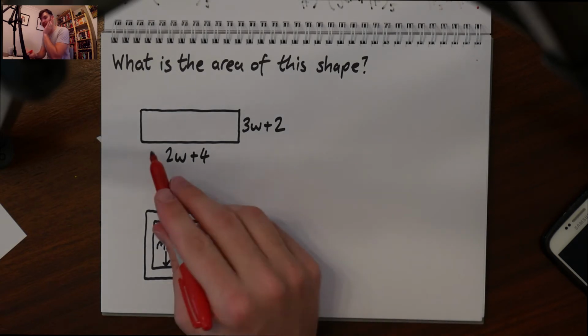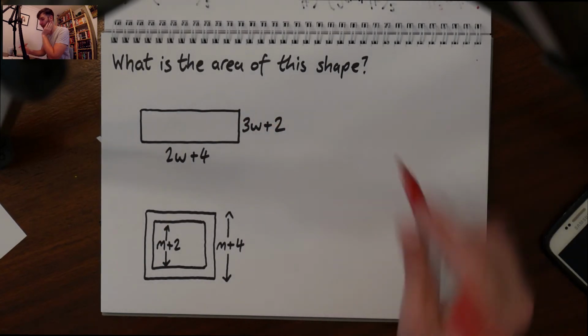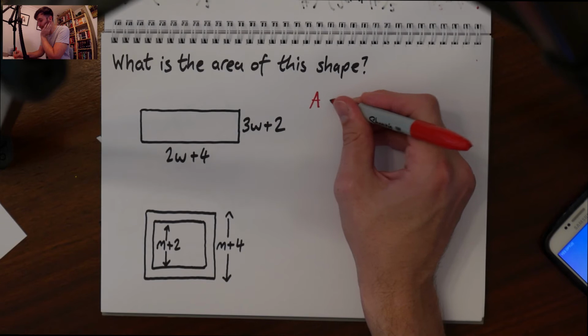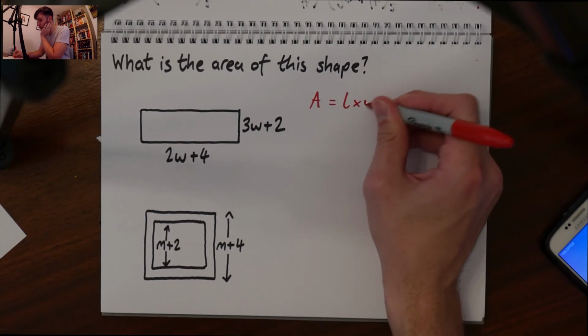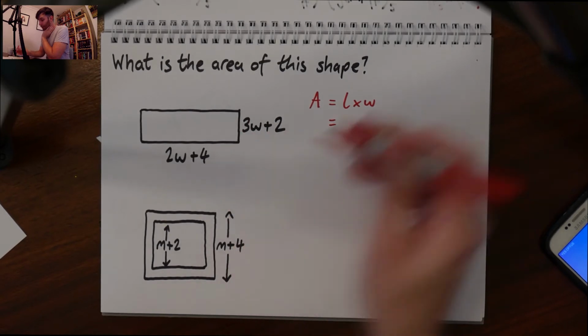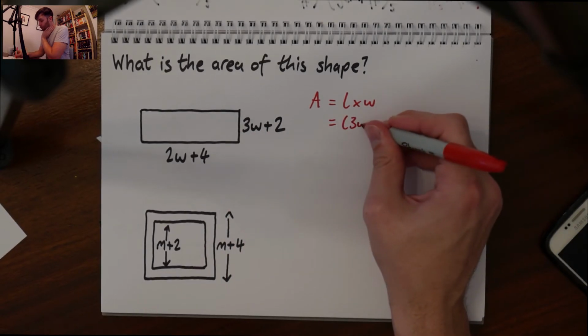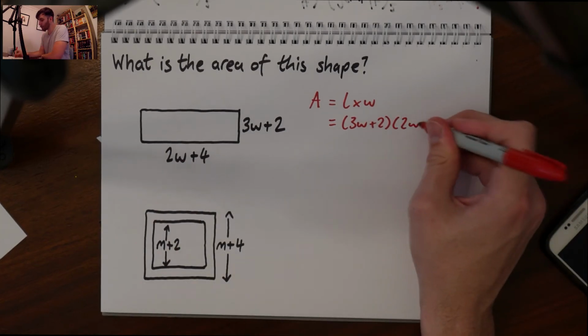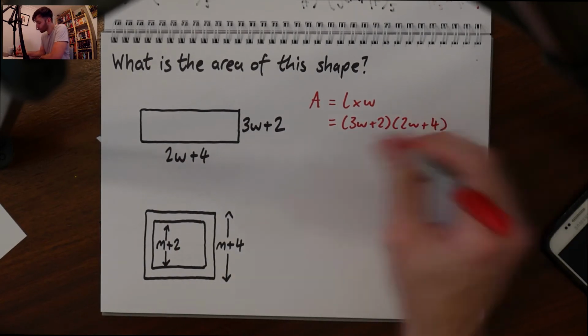So using this first one as an example, you'd first start off by recognizing that this is a rectangle, and the area of a rectangle is given by length times width. So for this one, our length is 3w plus 2. Our width is 2w plus 4.